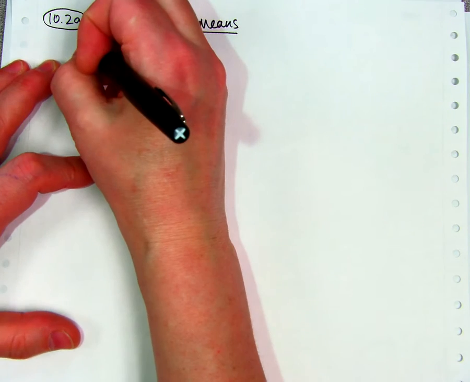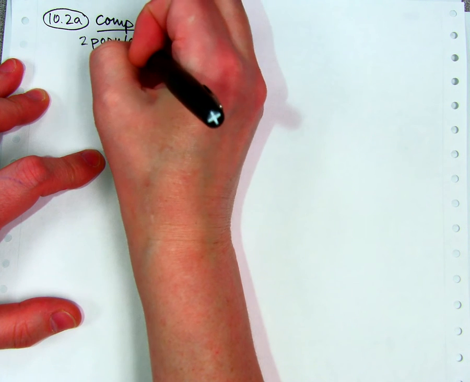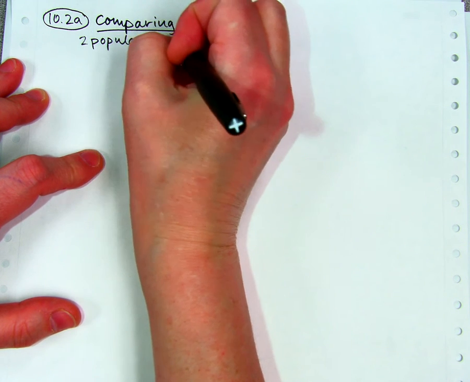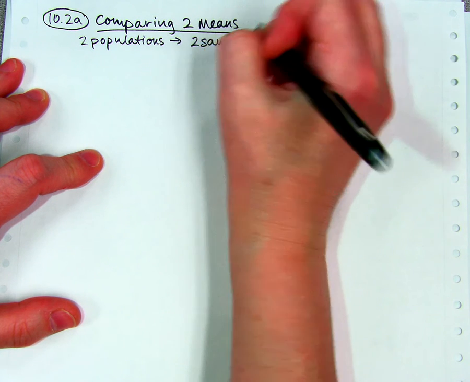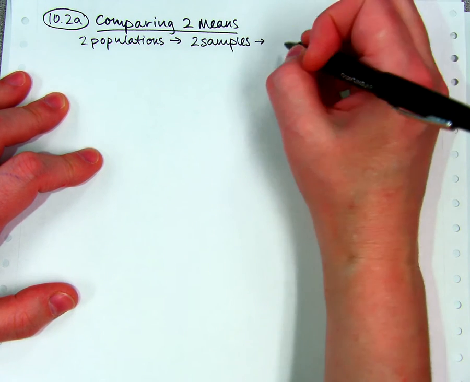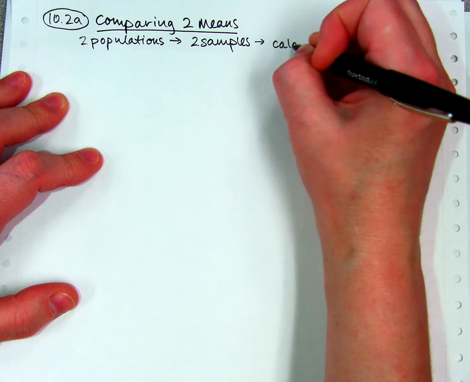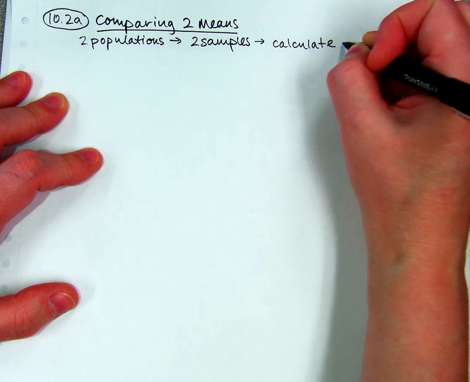So comparing two means, we still have two populations. We still have two samples. Instead of calculating p hat or proportions of something, we'll be calculating means of something because now we're working with numeric or quantitative data.